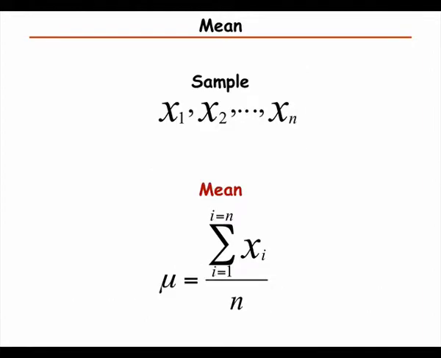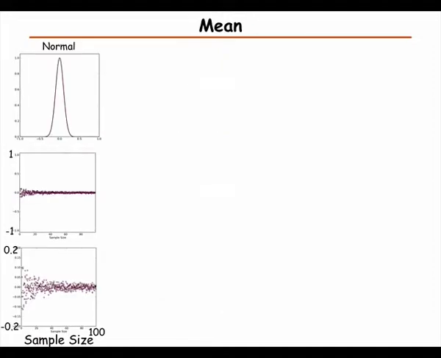Okay, so the mean. Everyone probably knows how to calculate the mean. You just take a sample, and then you sum all the measurements, and you divide by the number of measurements. And then you get the mean. So now what we can look at is the properties of the mean.